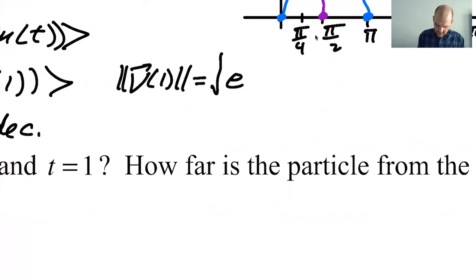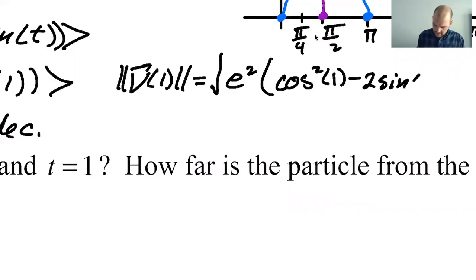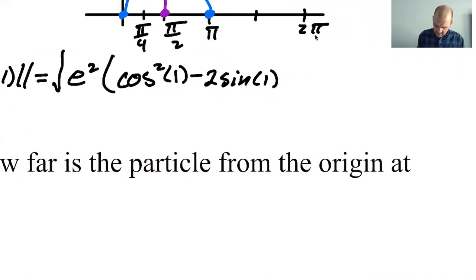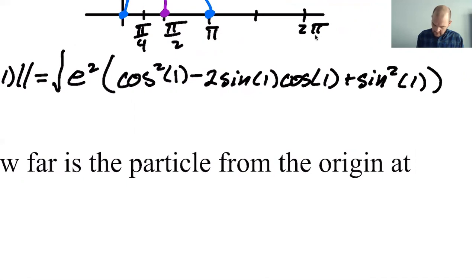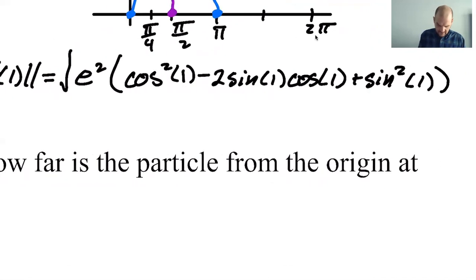Why are we auto whatevering? I get cosine squared minus 2 sine cosine. I'm never going to fit this. And then plus sine squared of 1. Why did I ever think that would fit?